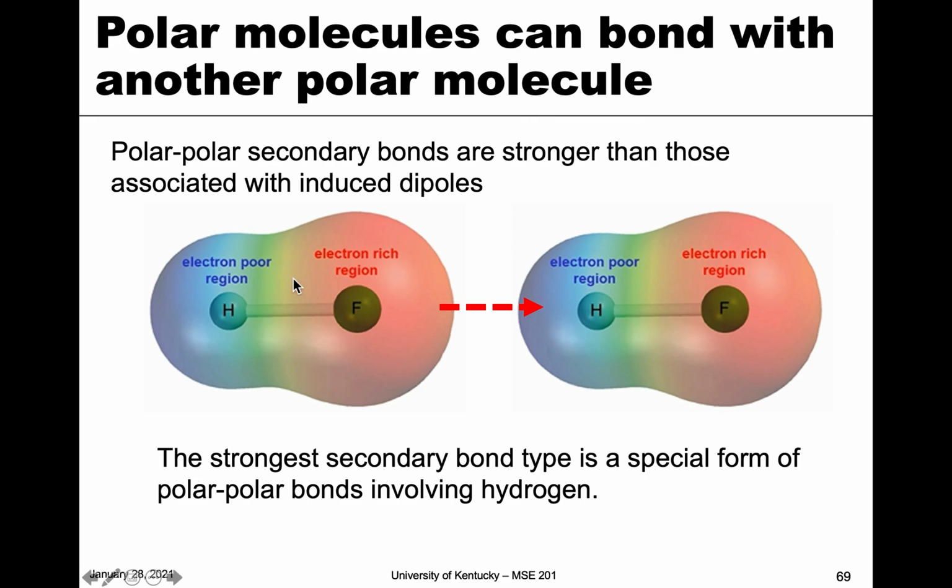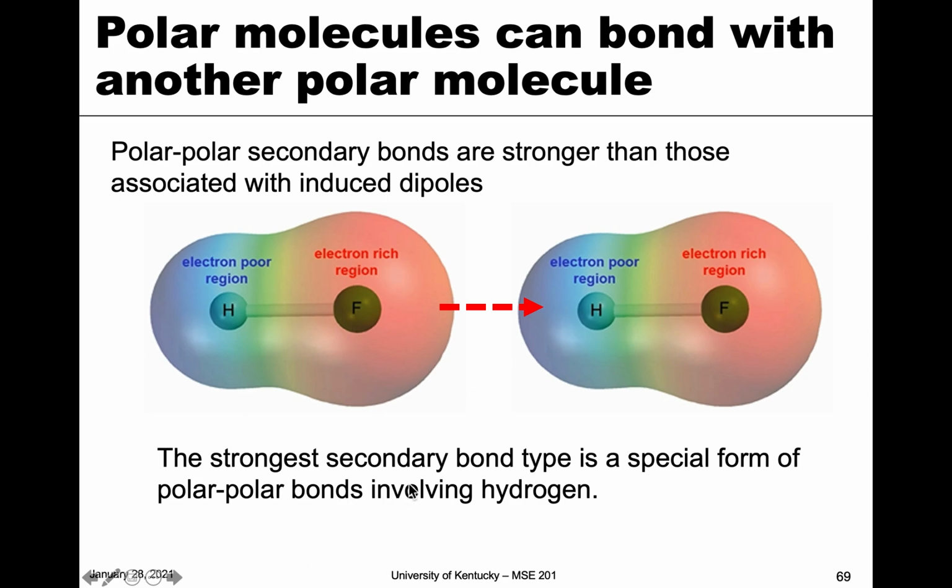If we have HF, again, these are more or less positive and negatively charged, and so if it has another one, it's going to be bonded to that. So polar secondary bonds are stronger than those with some type of induced dipole, because they always have that charge distribution.